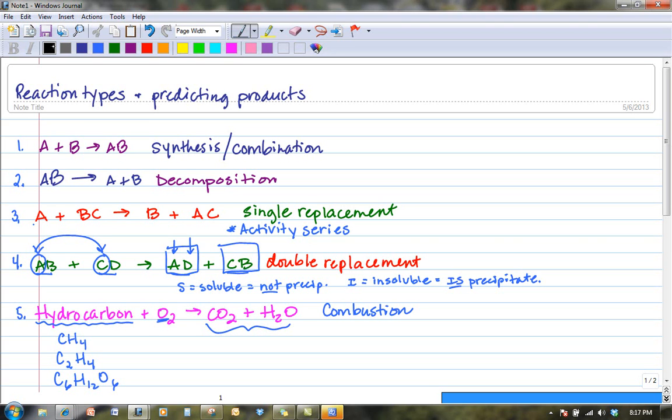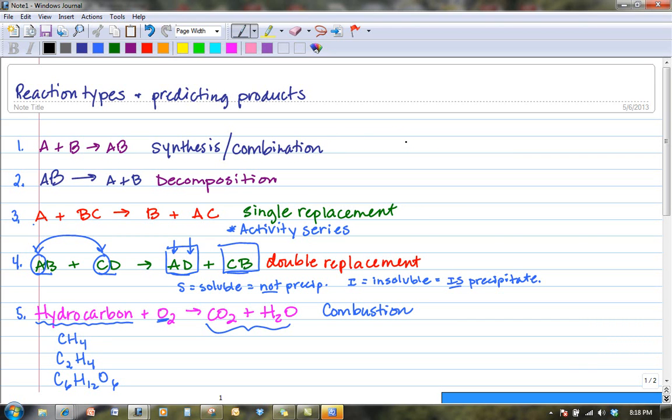So what I wanted to do next is to give you some examples on how to determine what kind of equation we've got just by using these general forms of A plus B yields AB and so forth.